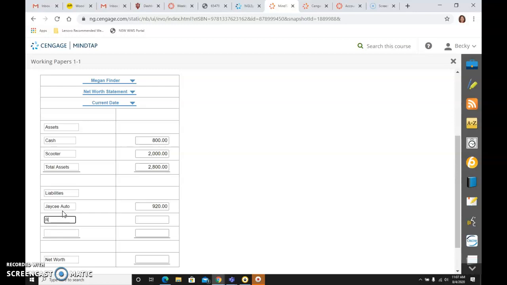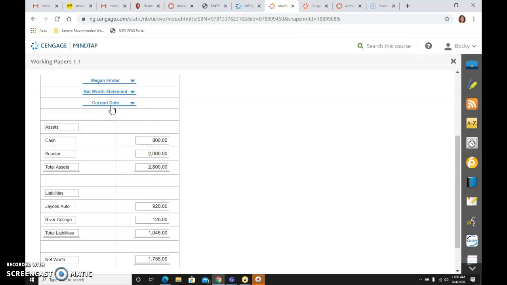And then River College is $125, which makes our total liabilities $1,045. To compute our net worth, we take the $2,800 of total assets and subtract the total liabilities of $1,045, and we get $1,755 even. That is the net worth of Megan Finder at whatever this date is.